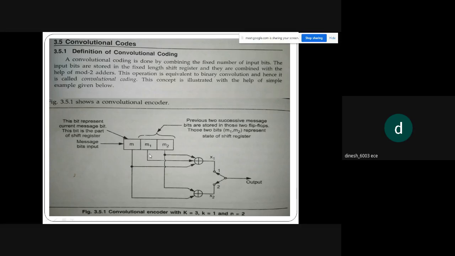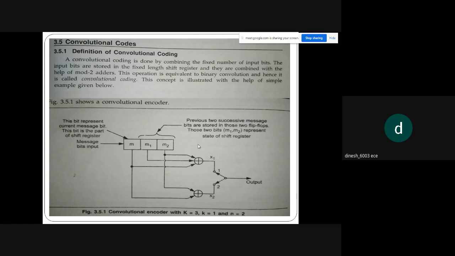These M1 and M2 represent the state of the shift register. Depending upon the problem, we will be having two flip-flops acting as your shift register. And the modulo 2 addition depends upon the problem being given.